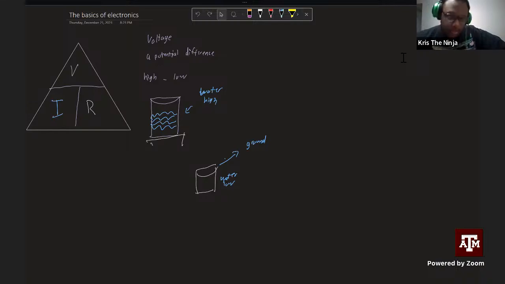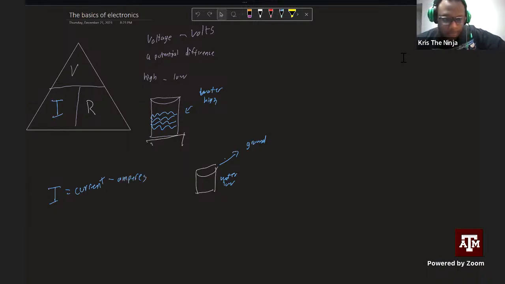Current is a little bit different. Voltage is measured in volts, if you didn't know. Now, current is not measured in kerrs, it's measured in amperes.